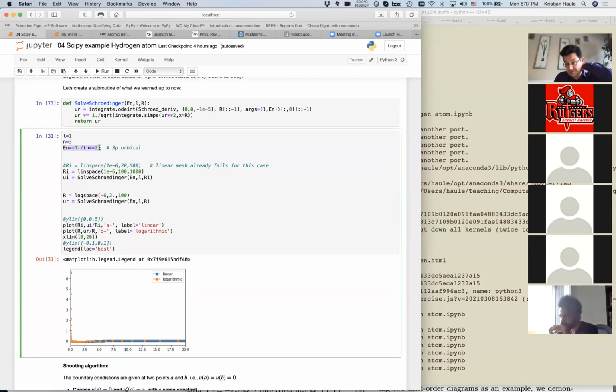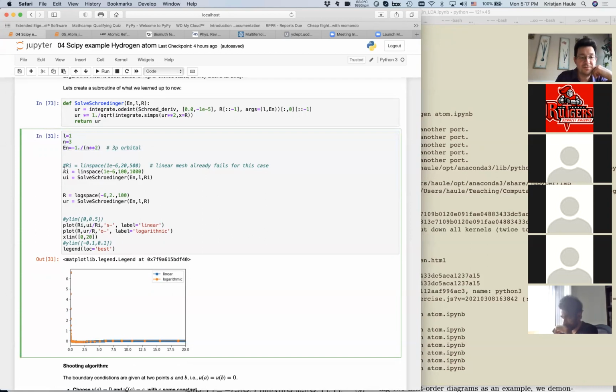You remember from the quantum mechanics course, the energy goes as 1 over n squared. So this would correspond to, if I'm not mistaken, 3p orbital, isn't it? Because 2p has an energy 1 over 2 squared, but 3p has energy 1 over 3 squared, isn't it? So 3p orbital. So does it work?